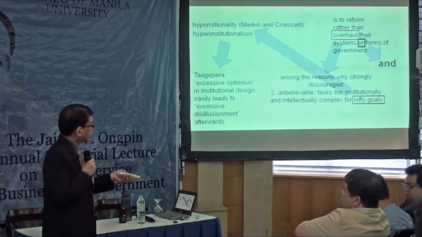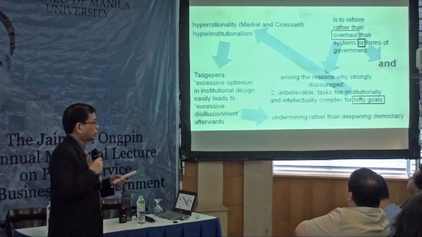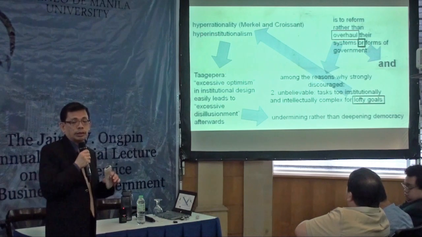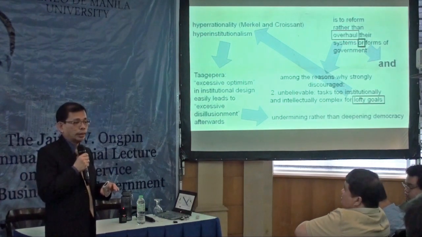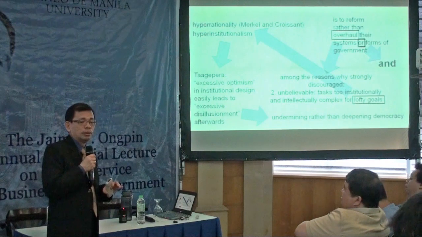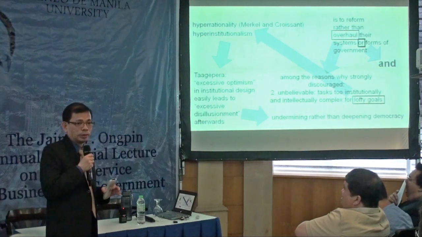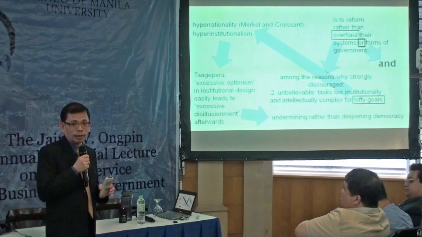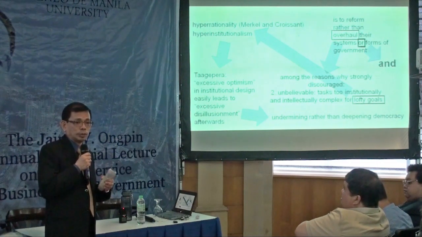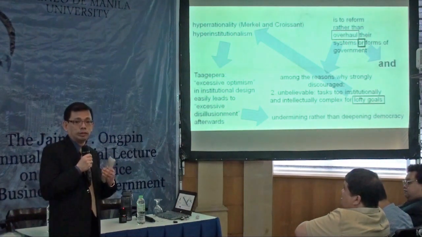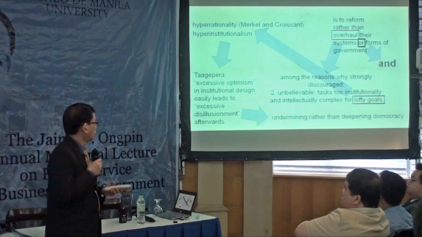And this is now my argument, because it could undermine rather than deepen your democracy, and may set it up, ironically, for an authoritarian challenge later on. Because one could argue that we have already tried everything under democracy, and perhaps we should change our regime itself.